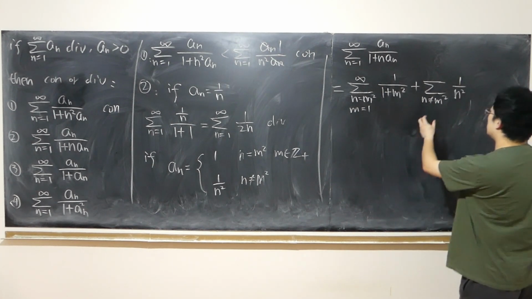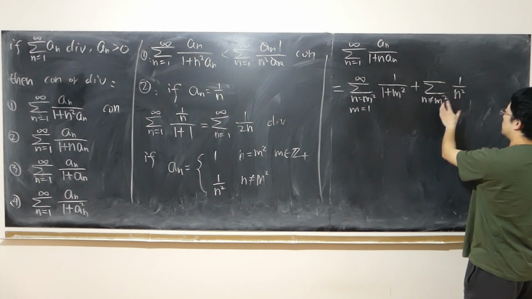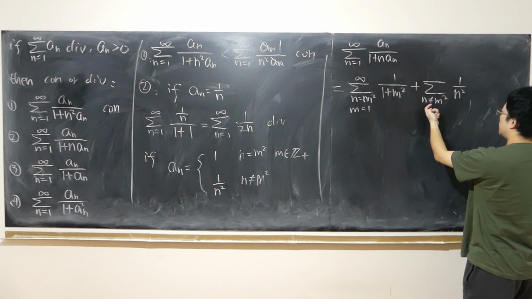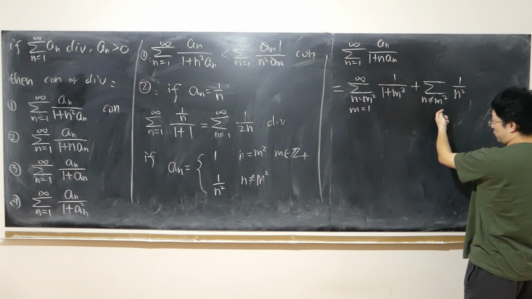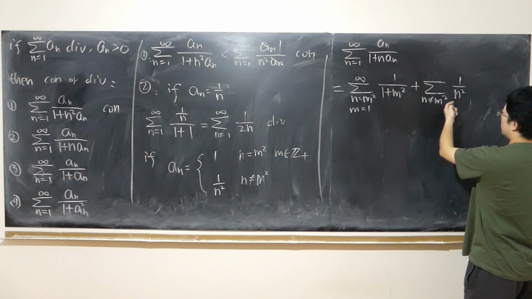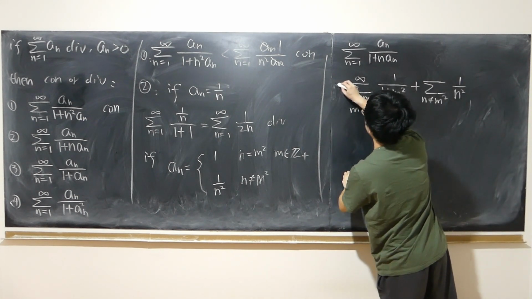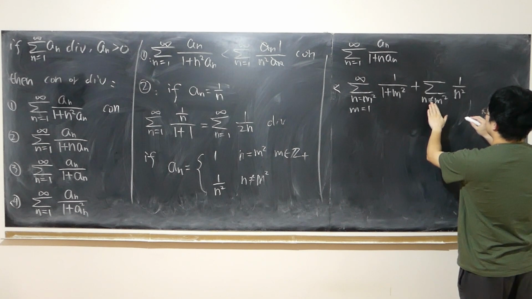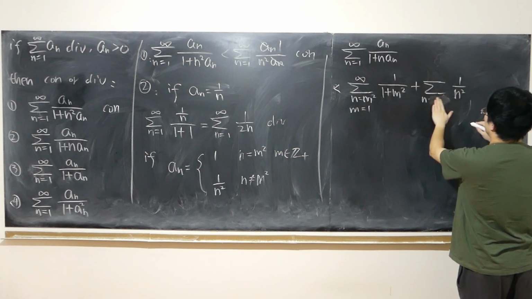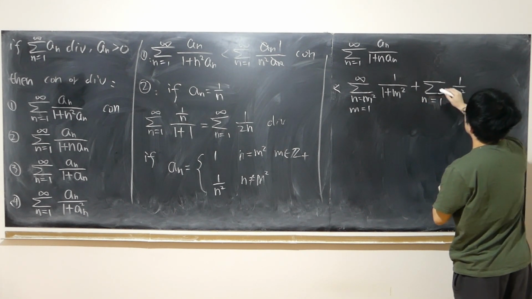In fact, I can just add a little bit more terms in here. If I add, when n equals m squared, for example n equals 3 squared, 5 squared, 1 over 5 squared, 1 over 3 squared, it becomes a little bigger. Make it a little bit bigger, with n going from 1 to infinity.